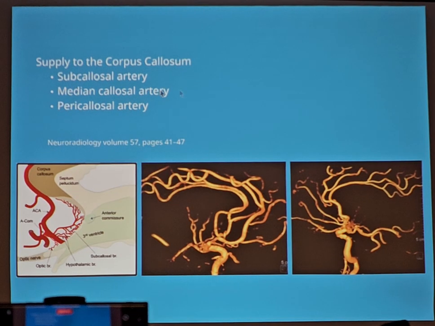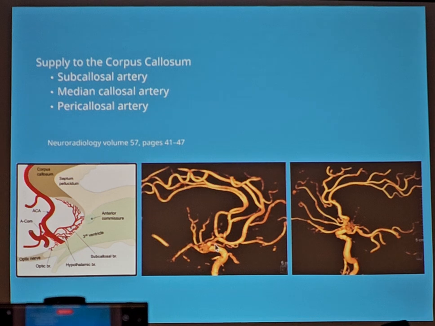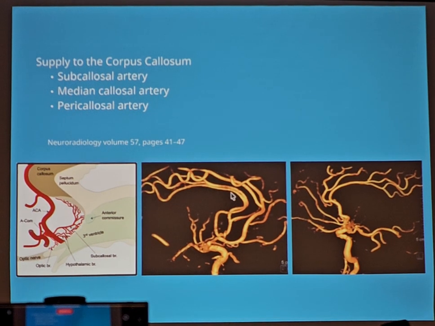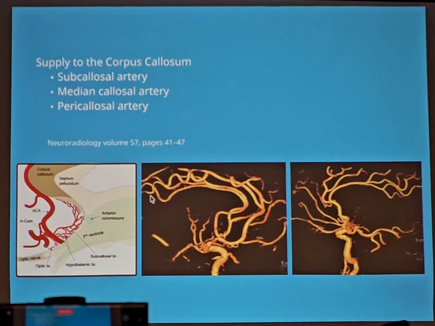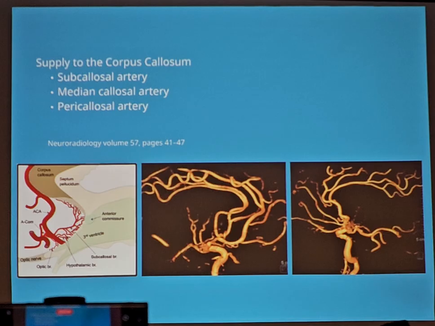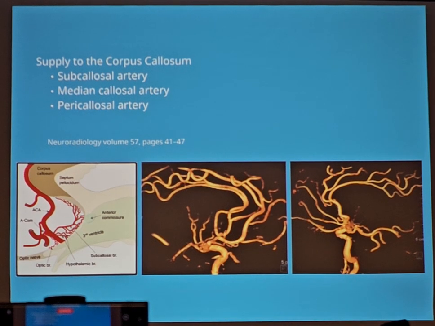We can have a median callosal artery, where the artery originating off the triplicated ACOM is much larger and is going to supply the corpus callosum almost entirely. And then we have the more conventional supply of the pericallosal artery, where the artery that runs over the corpus callosum gives off supply into the corpus callosum, as well as cortical hemisphere supply.